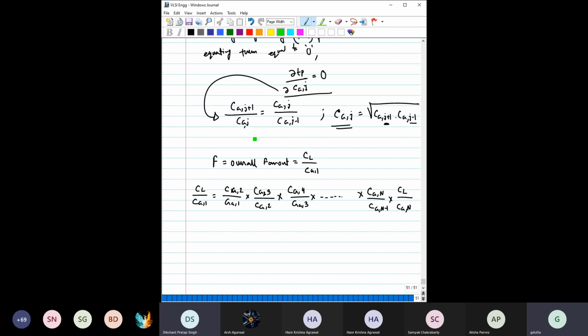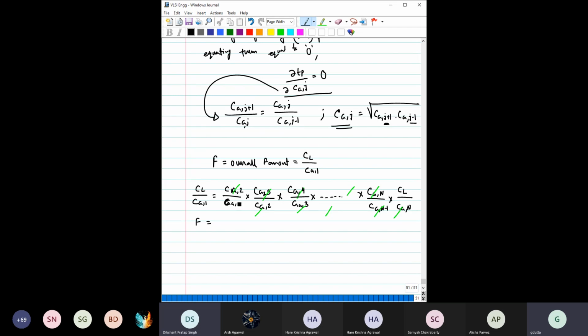Because you can see this is gone, this is gone, like that, with this part will go, this part will go, with this the previous one will go. So this basically gives CL by CG1, the same thing. And CL by CG1 is nothing but F. Now what is this?